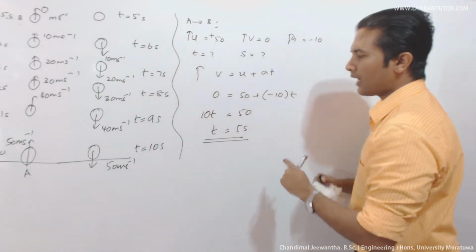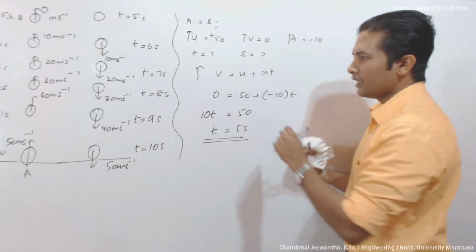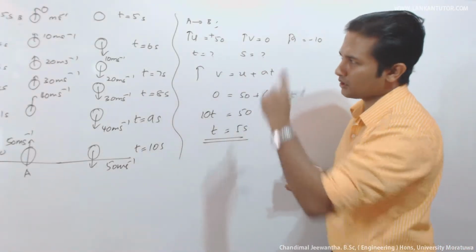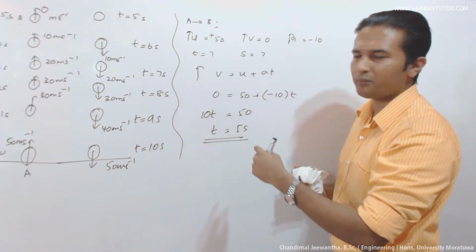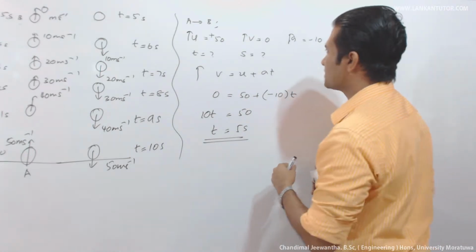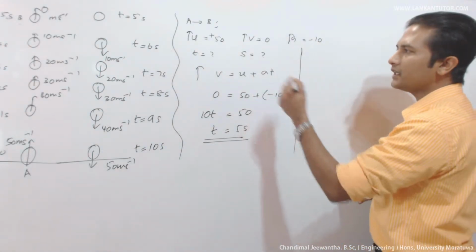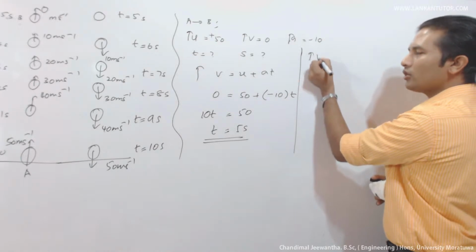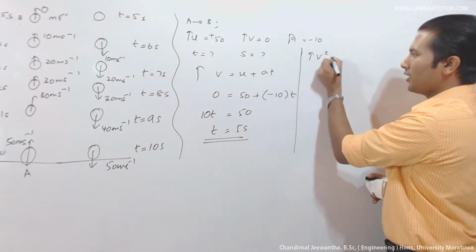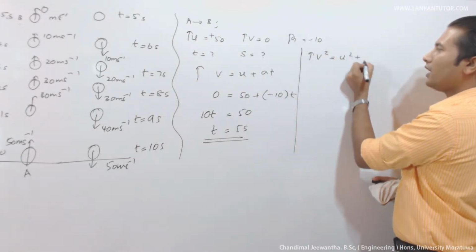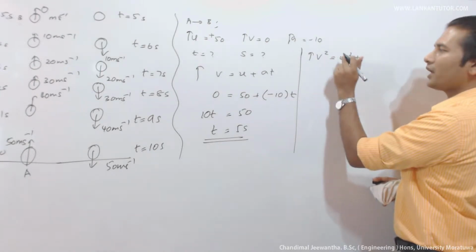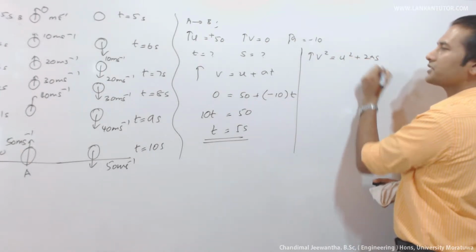So now we know that the object reaches its maximum position by 5 seconds. Now we can consider the displacement. In order to find displacement, you can use v squared equals u squared plus 2as.